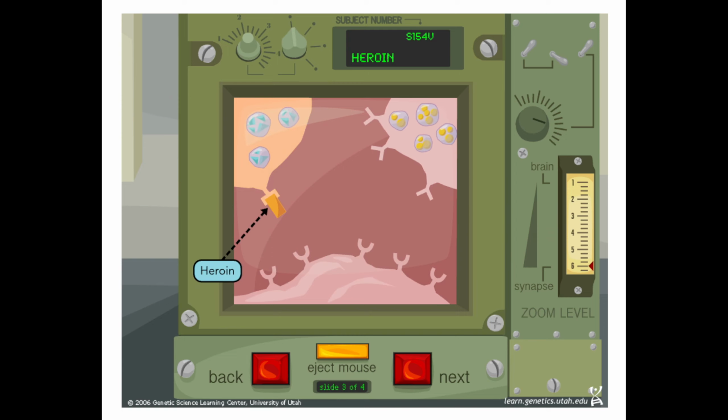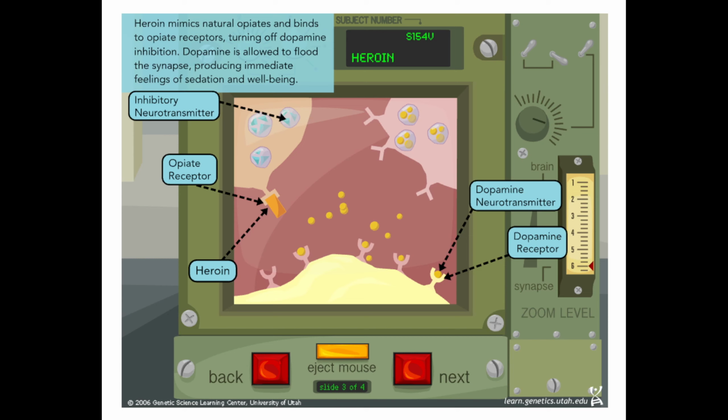It just means there's more of them in our system, so there's more inhibition of those inhibitory neurotransmitters. So more and more dopamine is able to flood the system and bind to those dopamine receptors, causing more feelings of positive wellness, euphoria, things like that.